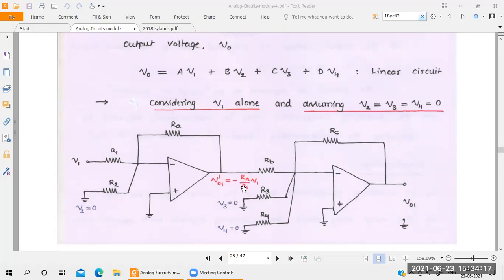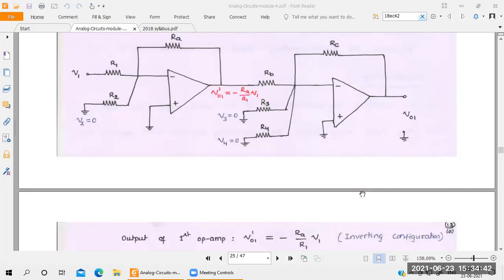Minus RA divided by R1, multiplied by V1, for this first inverting op amp. That means the feedback resistance divided by the input resistance multiplied by the source voltage. There is a negative sign because it is an inverting op amp. Same thing applies for the one more inverting amplifier here.